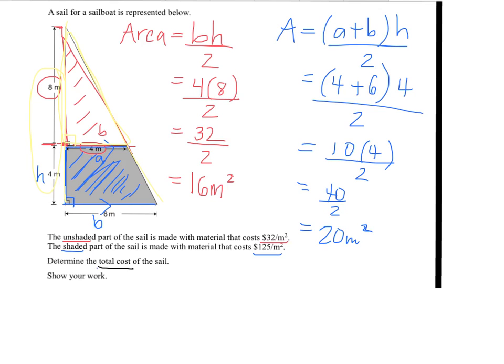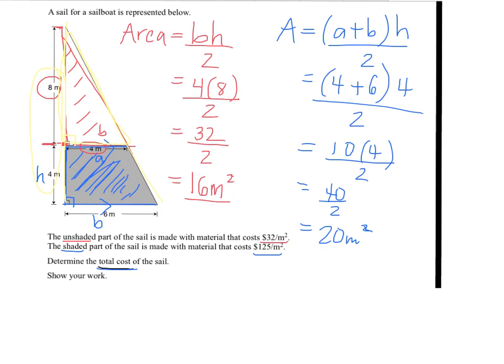Now we have to find the cost of the sail. So what are we going to do now to find how much it costs? Because we know that they have different costs, well, we calculated the unshaded part. We know that we need 16 meters squared of material, and each square meter is $32.